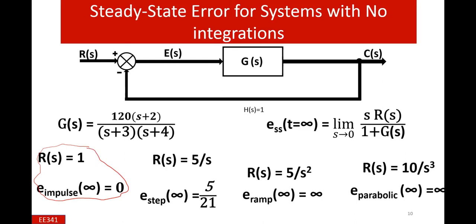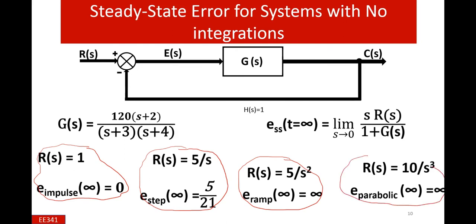Similarly, if we apply the step input, then the steady state error is constant. If we apply the ramp input, then the steady state error is infinite. And similarly, for the parabolic input, the steady state error is infinite. So it is an interesting case.